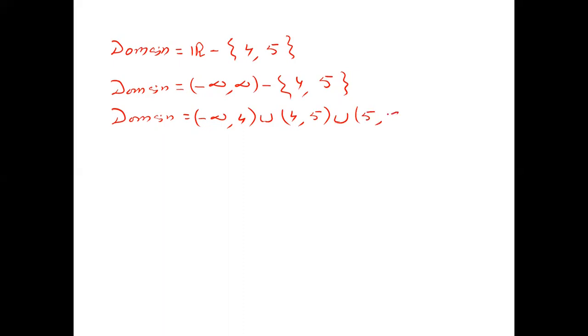Okay, boys. So what is domain? The domain includes all the numbers between minus infinity and 4, union between 4 and 5, union 5 and infinity. Is it clear, boys?